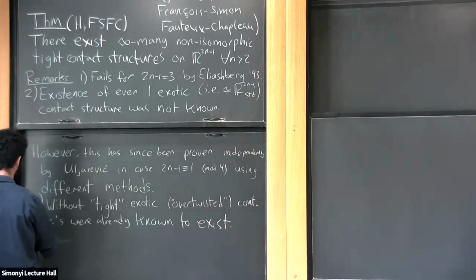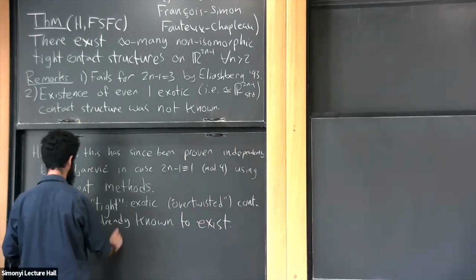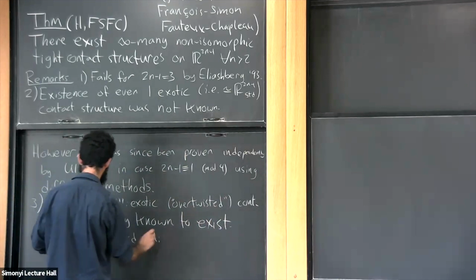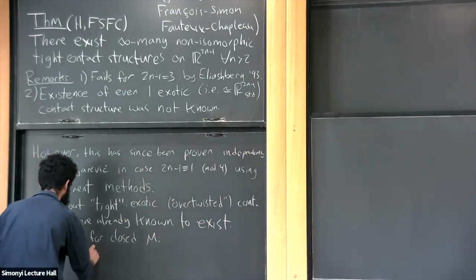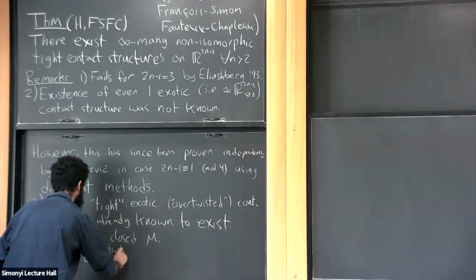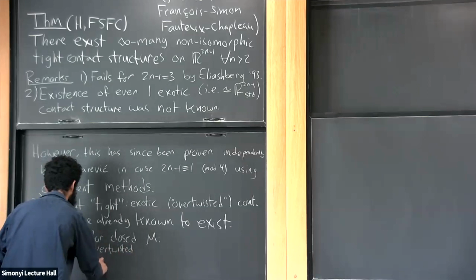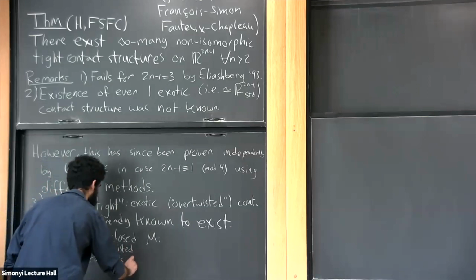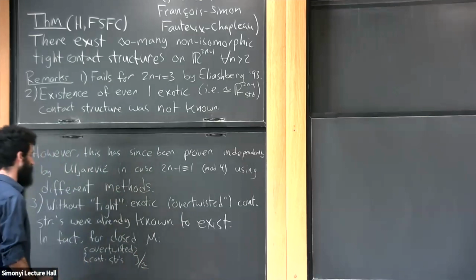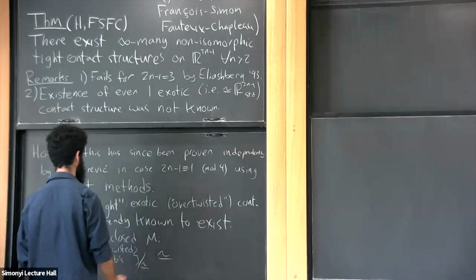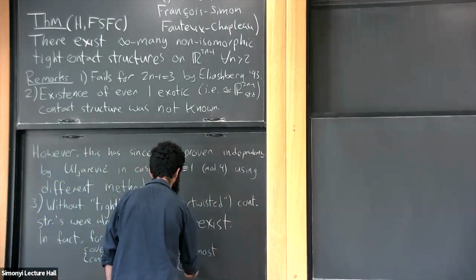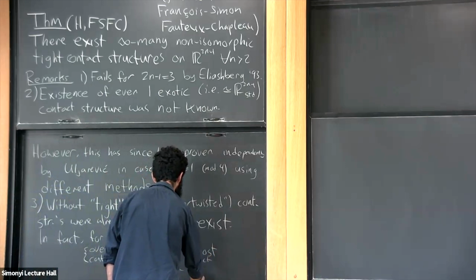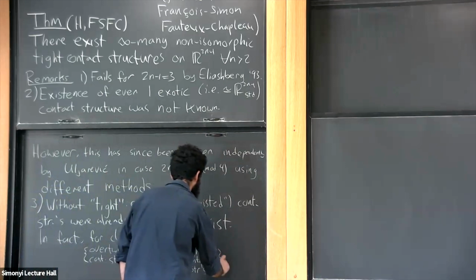So the situation is, let's say for closed M. Okay, I'm just recalling the h-principle for overtwisted contact structures. The situation is that overtwisted contact structures up to isomorphism are in bijection with so-called almost contact structures or formal contact structures, up to homotopy.